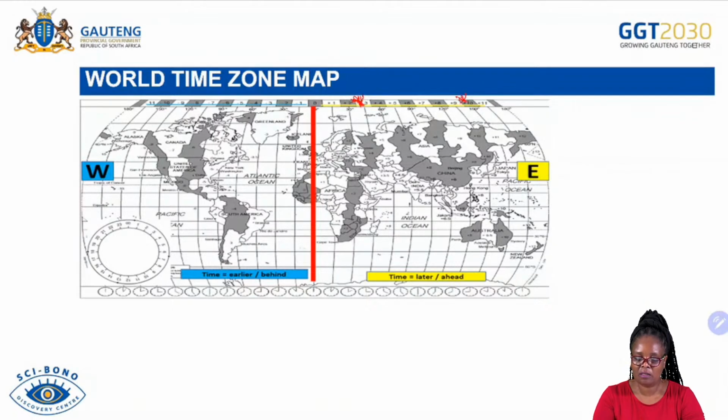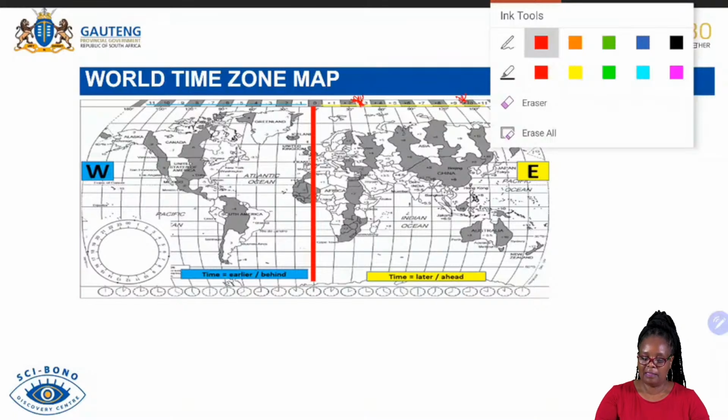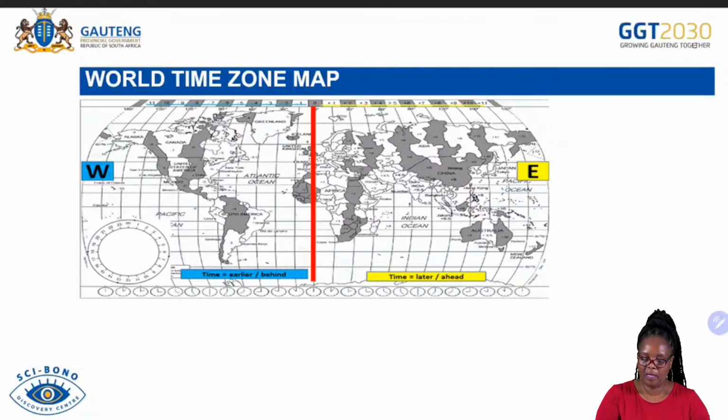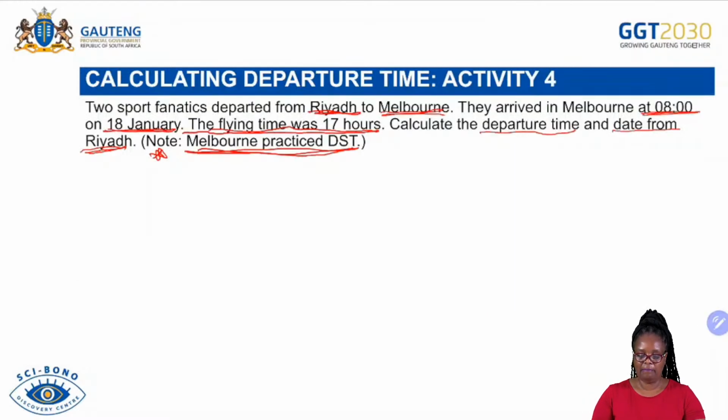But because of DST, remember they said that Melbourne practices DST, so it will be at +11. So Riyadh is here and Melbourne is at +11 because it practices DST. It is no longer at +10.